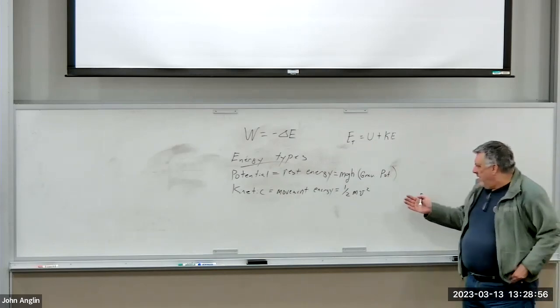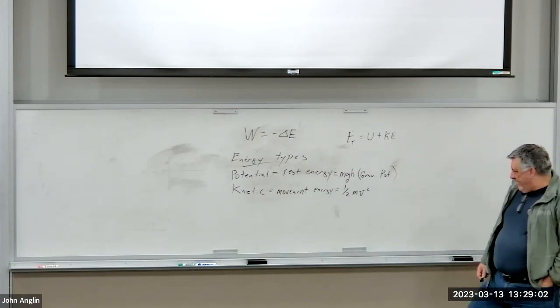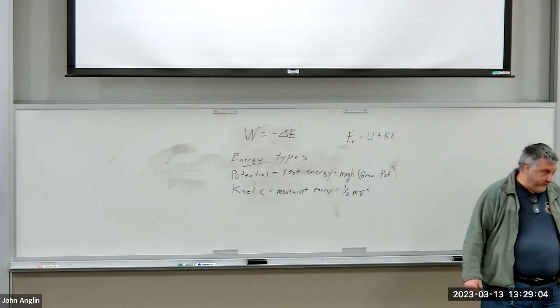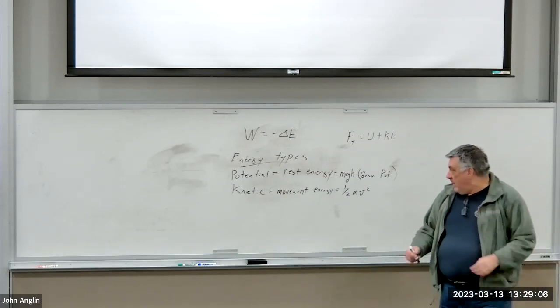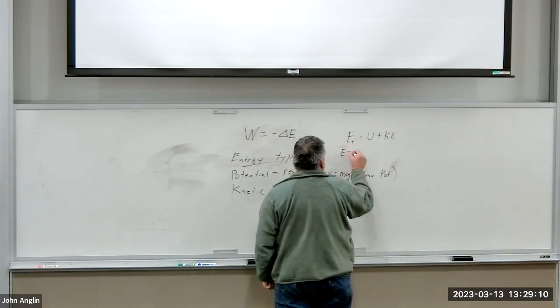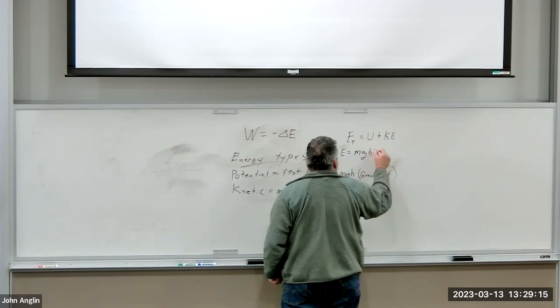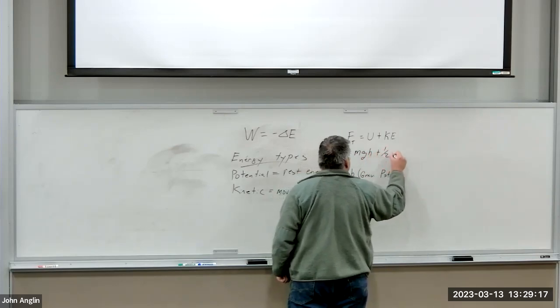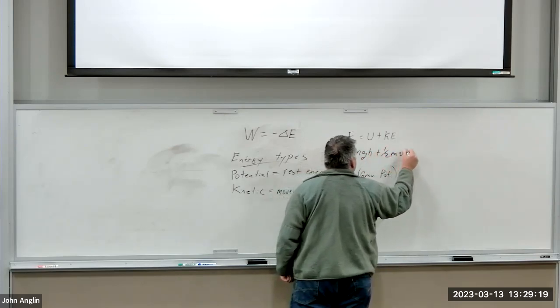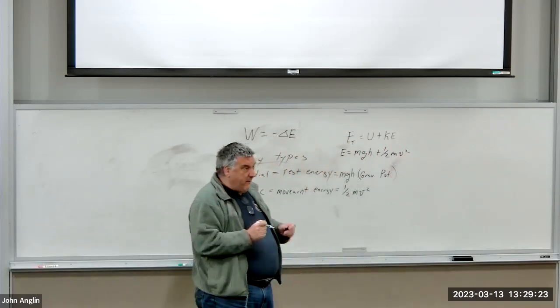So our gravitational potential is mgh. Our kinetic energy is 1/2 mv squared. Since we know that the total energy is the sum of those two, then we can write total energy as this.